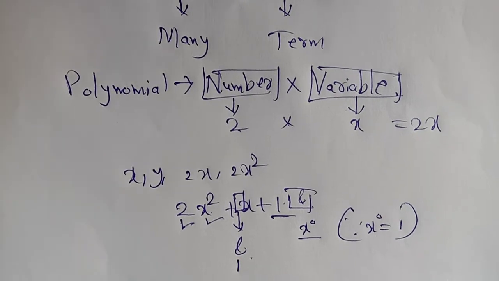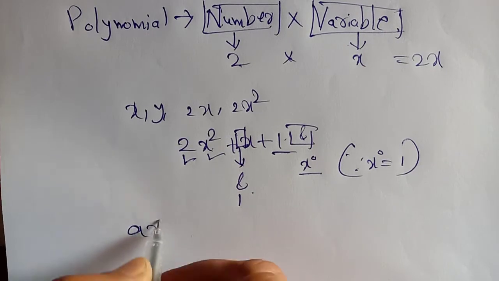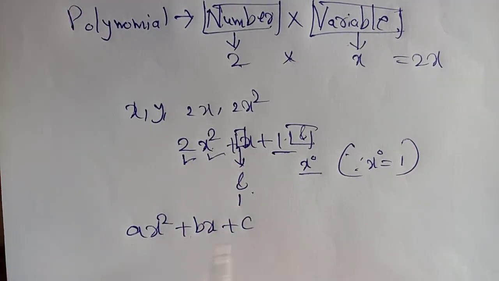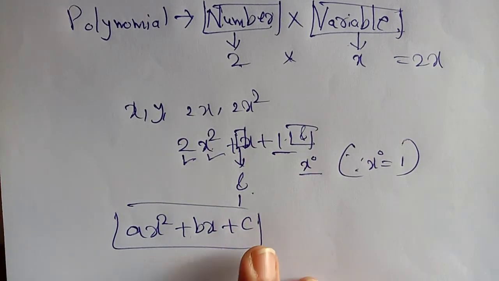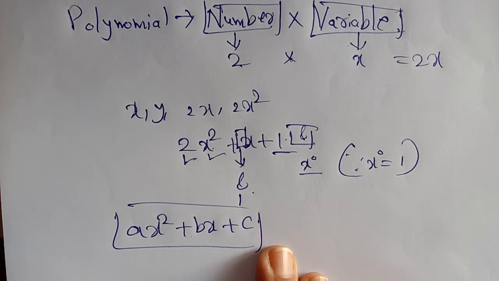And a polynomial is always in the form of ax square plus bx plus c. This is a polynomial. It should be in this form. The polynomial should be in the form of ax square plus bx plus c.